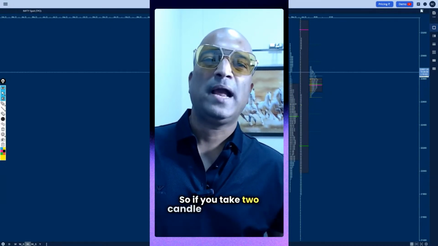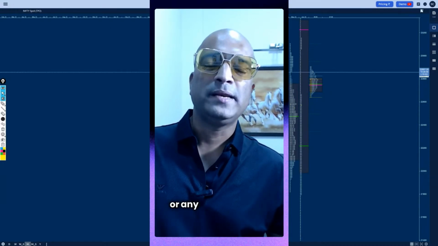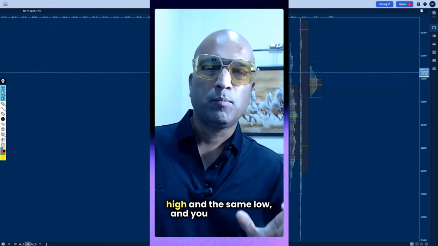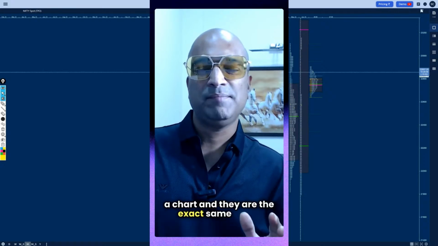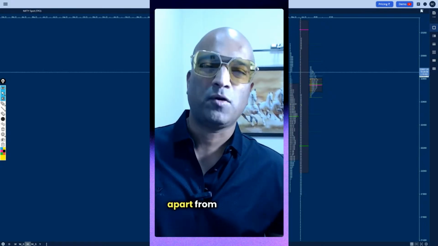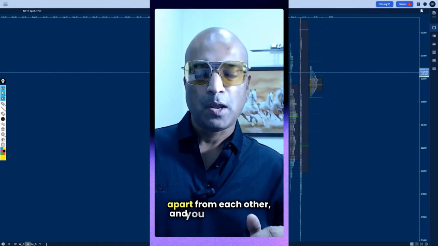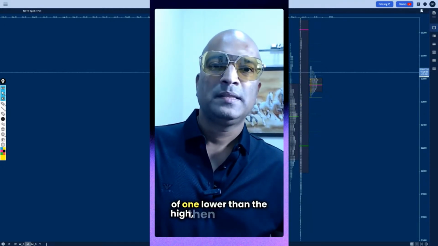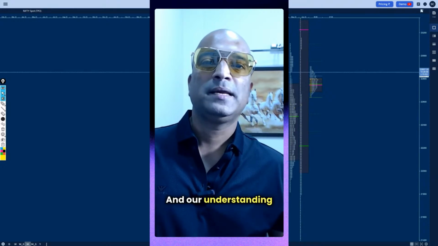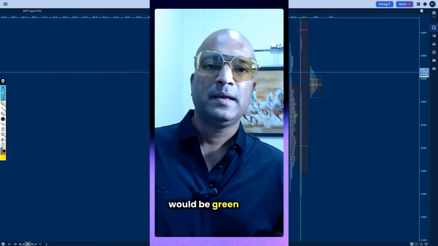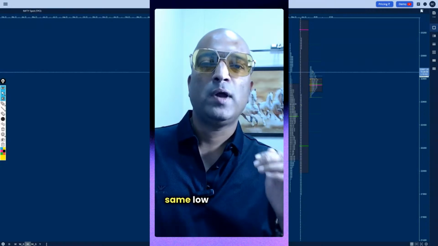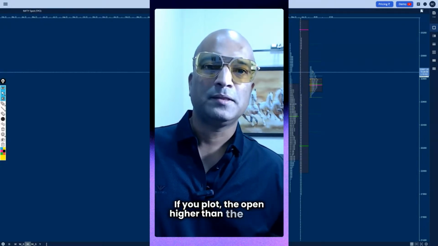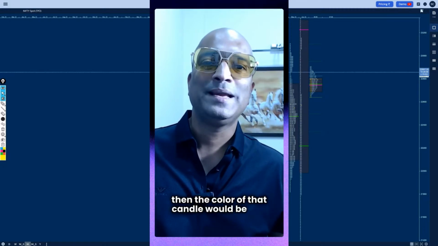So if you take any two candles or any two bars of the same range, the same high and the same low, and you plot them on a chart, and let's just say they are 1 minute apart from each other, and you plot the open of one lower than the close, then by default, our understanding is that the color of that candle would be green. And of the same high and the same low and the same range for the other candle, if you plot the open higher than the close, then the color of that candle would be red.